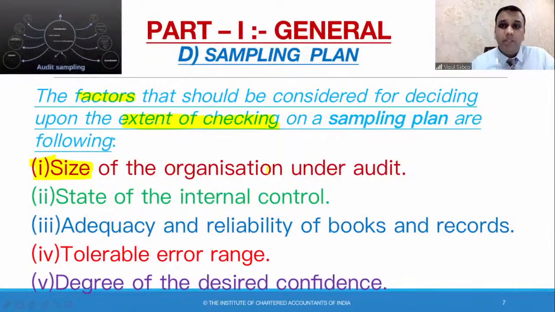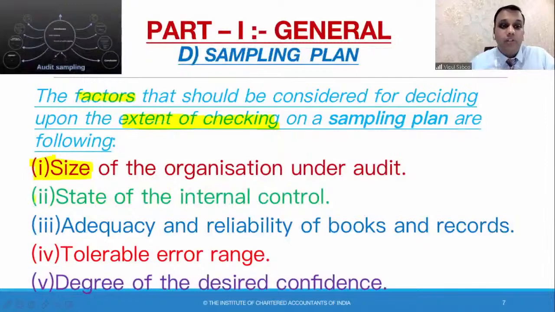My engagement team can resort to 100% checking in that much available time. So why would I need to go for sampling, to use sampling? But if it is a big organization, I would definitely want to use the technique of audit sampling. Because if I go for 100% checking, it will consume a lot of time. The size of the organization under audit is an important factor.